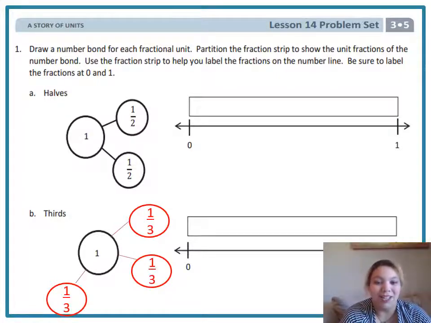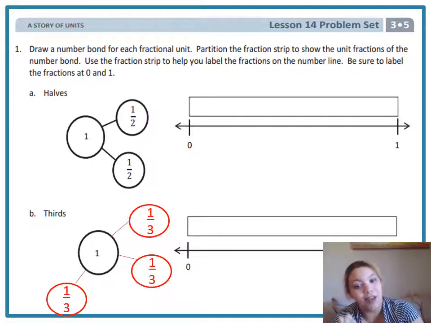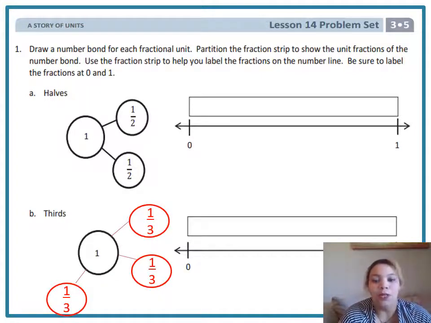So I'm going to make sure that I have all of those labeled as 1/3. Now we're going to take what we learned on our number bond and show the same thing using a fraction strip. So let's break apart that whole into 3 equal pieces. And then just like we did on the number bond, we're going to label 1/3, 1/3, 1/3.